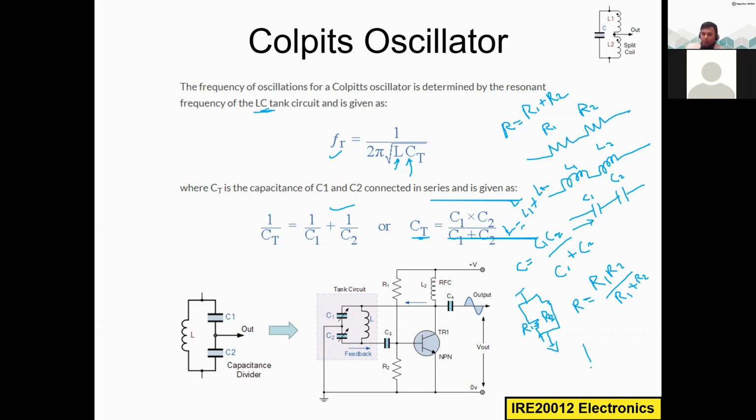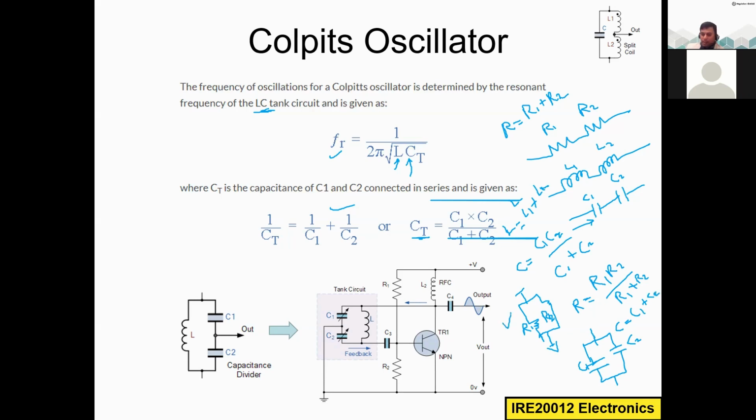But for the parallel formula, what is the parallel formula? The capacitor is opposite of the resistor. Here two capacitors are connected in parallel, C1 and C2. So what is the effective capacitance value? C is equal to C1 plus C2. So it's opposite.